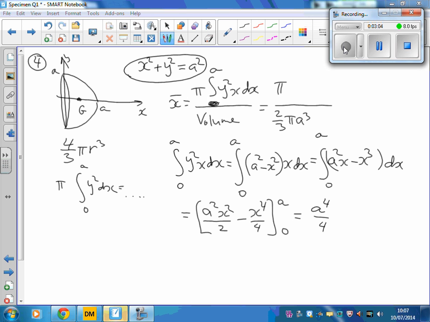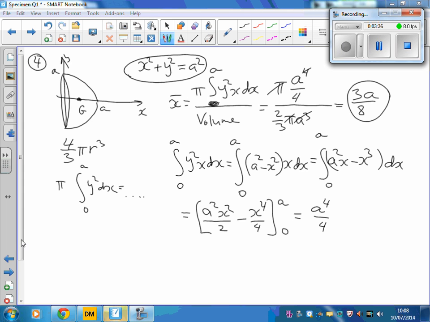Don't forget to multiply by pi, so it's pi a to the 4 over 4. Now, after simplifying, cancelling by a cubed, pi is cancelled out as well. We have 3a over 8 as required. 3 goes to the top of this fraction, and 2 and 4 multiply together at the bottom.